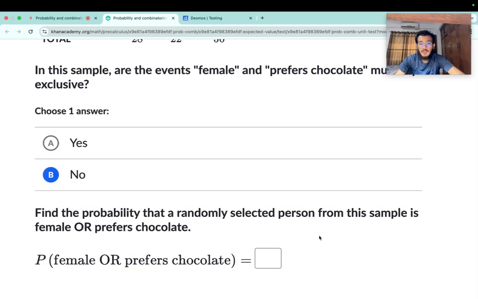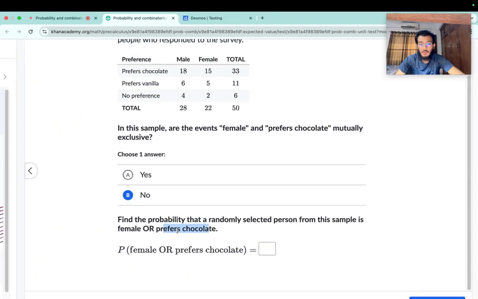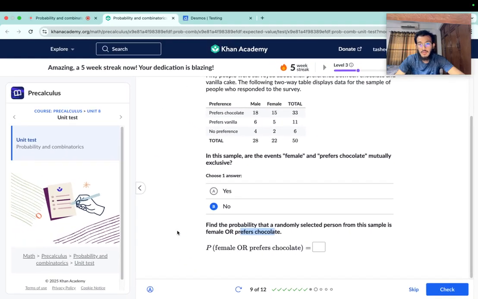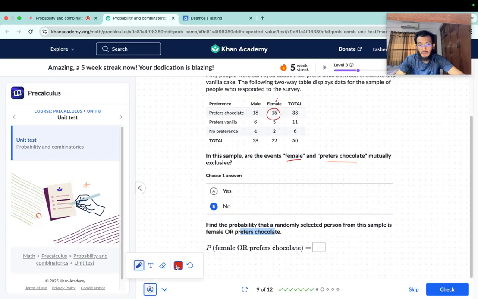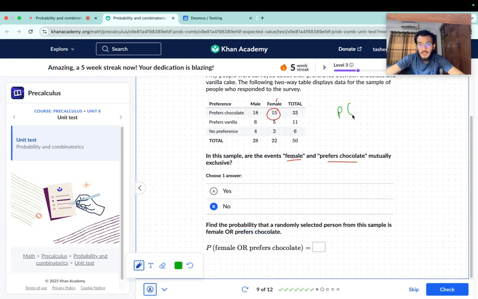Find the probability that a randomly selected person from this sample is female or prefers chocolate. So the probability that you are a female or prefer chocolate is, first of all, I need to find the probability that you are a female, which is total female here, 22 divided by 50.